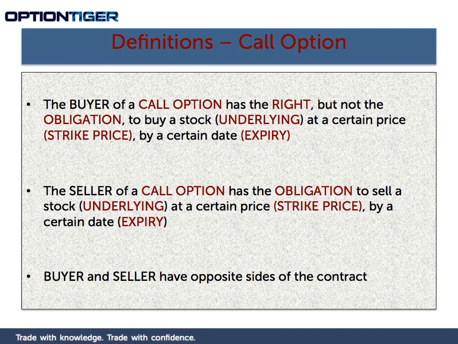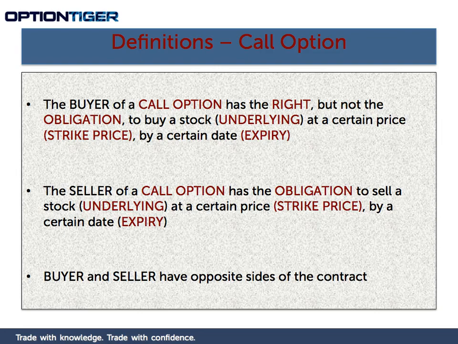On the other side, the seller of this same call option has the obligation to sell the same stock at the same strike price by the same expiry date. So the buyer and the seller have opposite sides of the contract, and you'll see that their risk and reward profiles in this contract are also exactly the opposite.